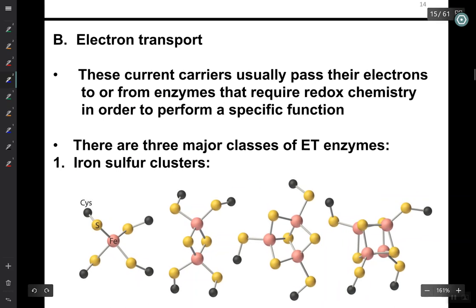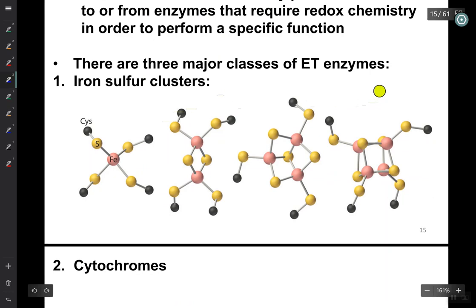There are metalloproteins that are only involved in electron transfer, so they only move electrons around. These carriers usually pass their electrons to or from enzymes that require redox chemistry in order to perform a specific function. There are three major classes of these electron transfer proteins. This one we've seen before, the iron-sulfur clusters.